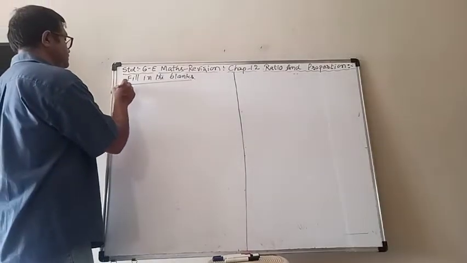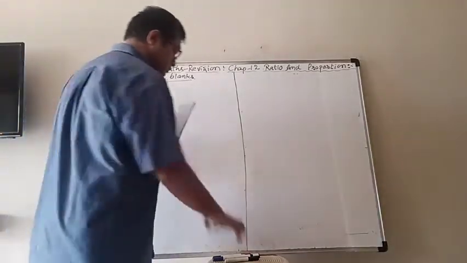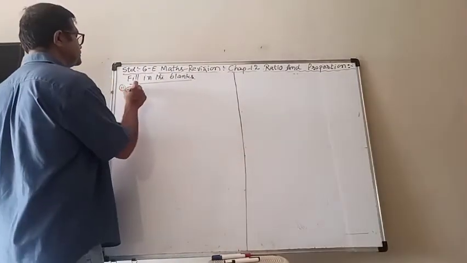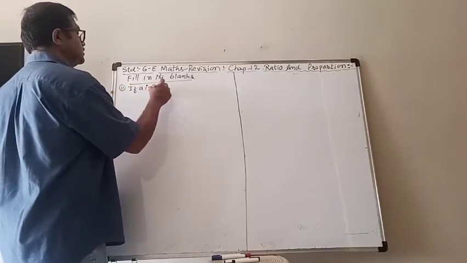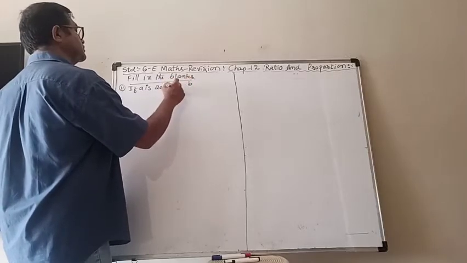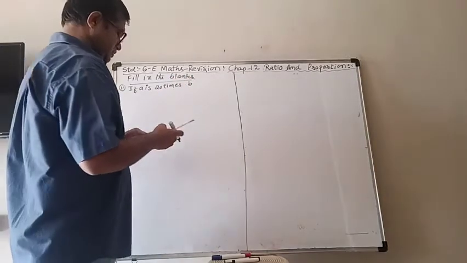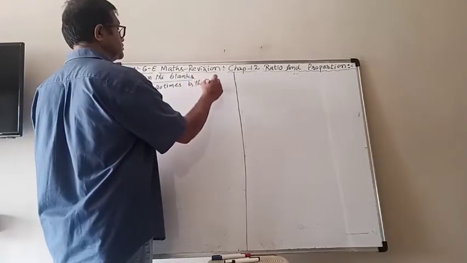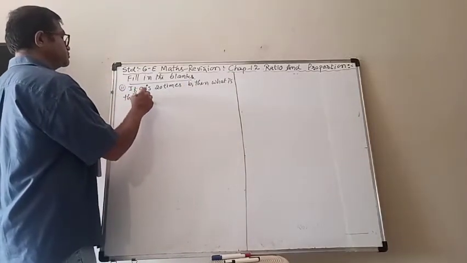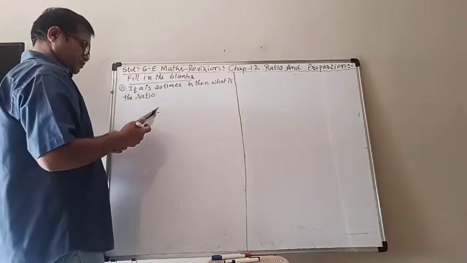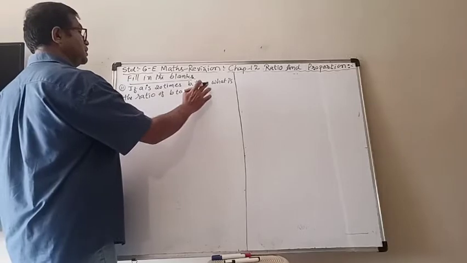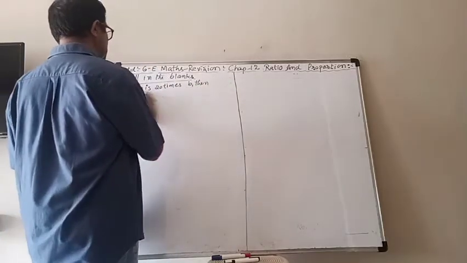Let's take some other blanks also. Question 11. If A is 20 times B, then what is the ratio of B to A?